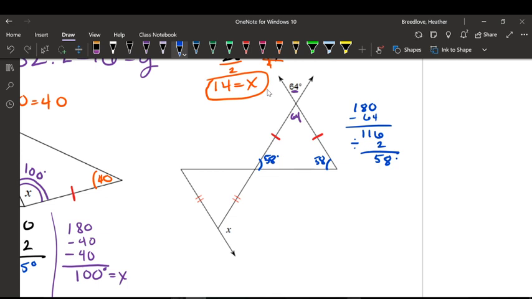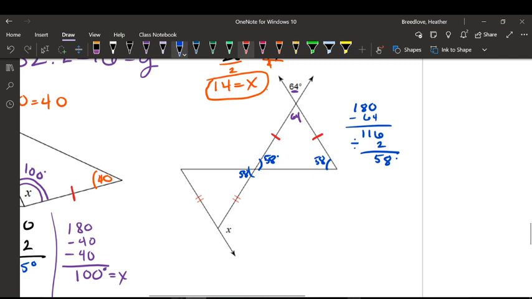Alright, so I'm halfway through this figure. Again, I have a bow tie shape, so I know the other side is 58 degrees, because vertical angles are congruent. And now I'm in the next triangle.